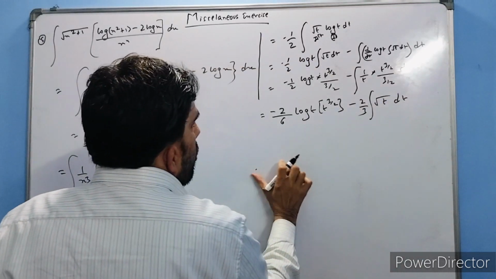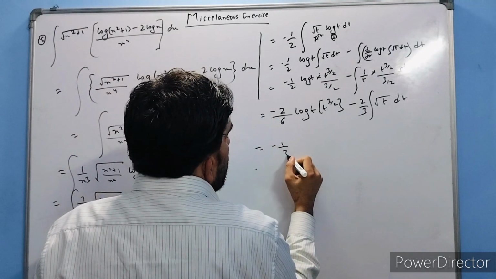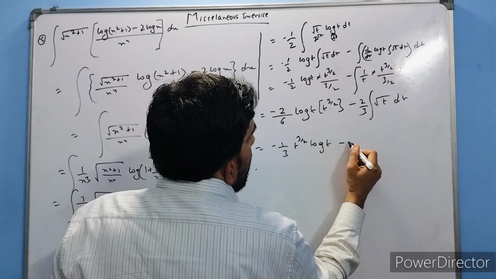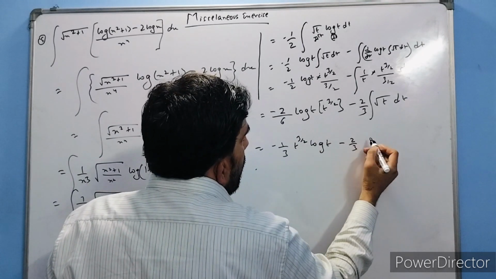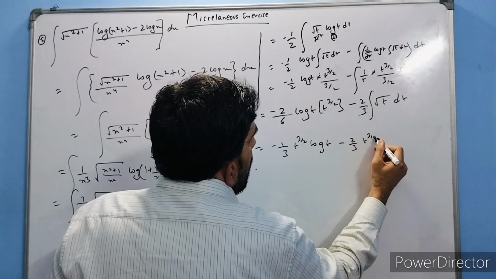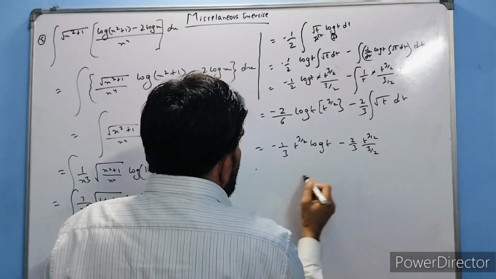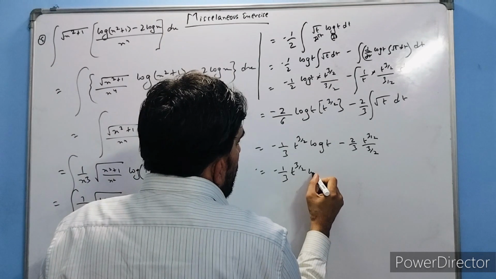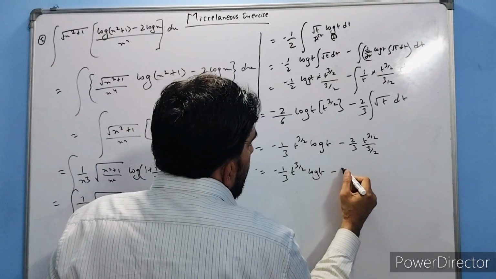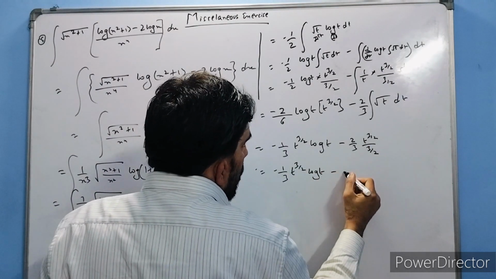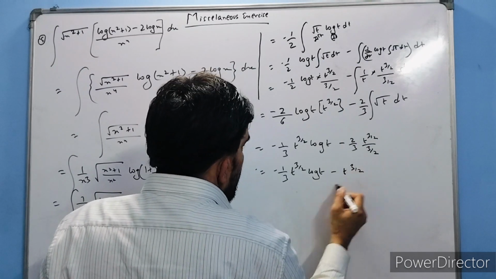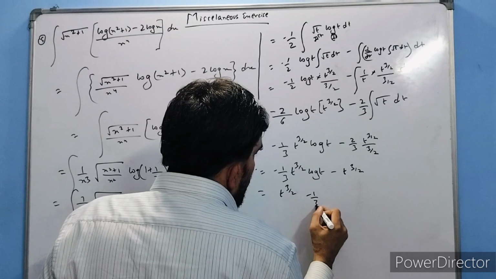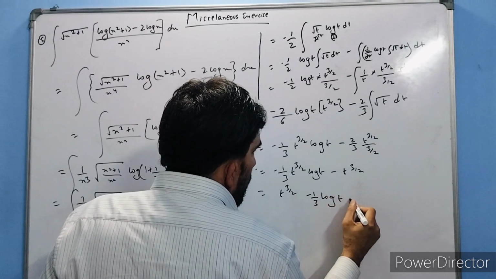Okay, so now what we can do here, we can put the value: minus 1 upon 3, t power 3 by 2 log t, minus 2 upon 3, half plus 1, got 3 by 2 upon 3 by 2. So I got minus 1 upon 3 t power 3 by 2 log t minus 2 upon 3 by 2, it will reduce. What we can do, take t power 3 by 2 common, we'll have minus 1 upon 3 log t minus 1.